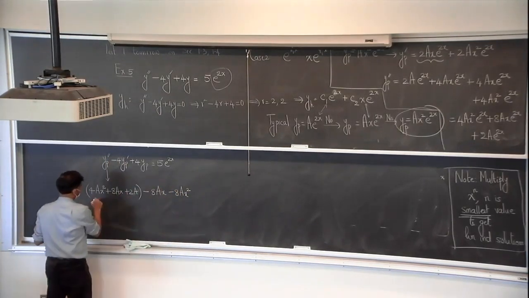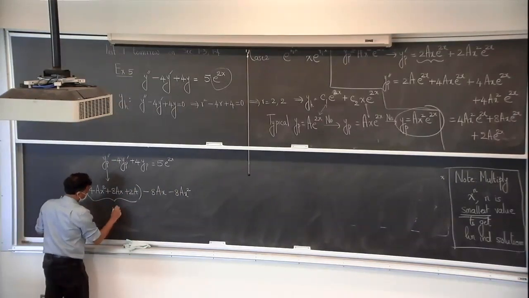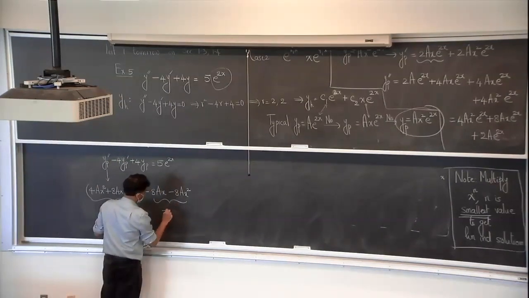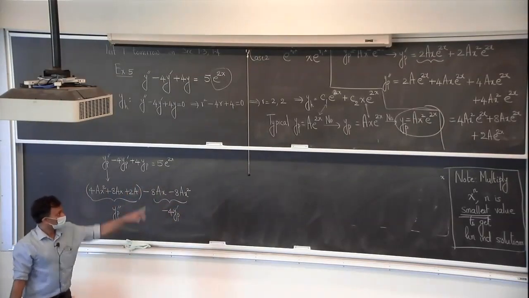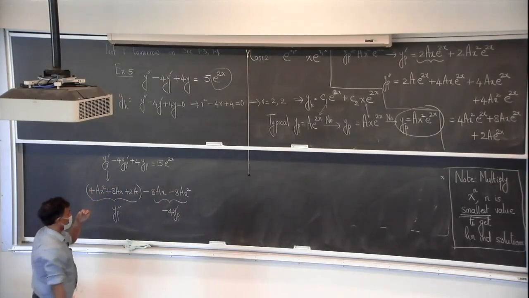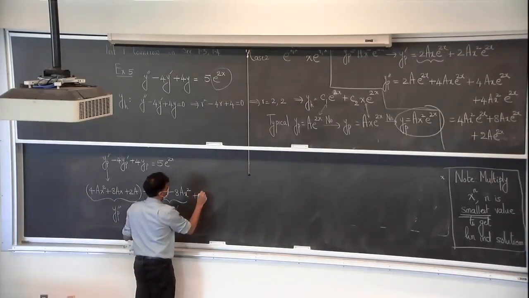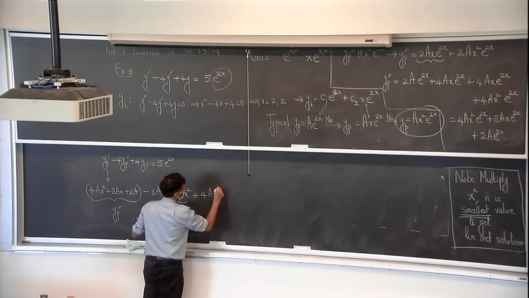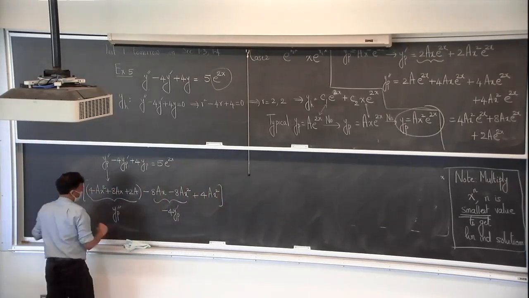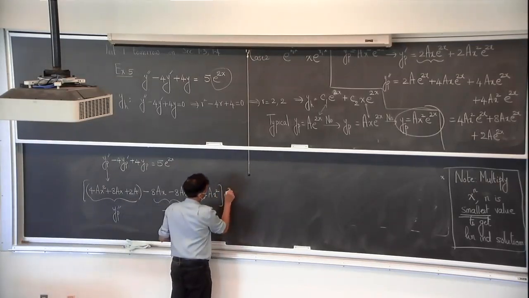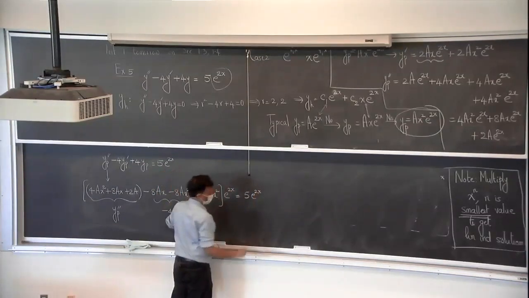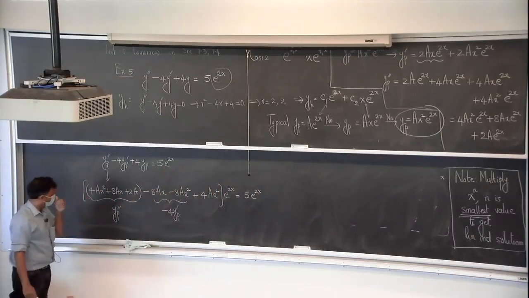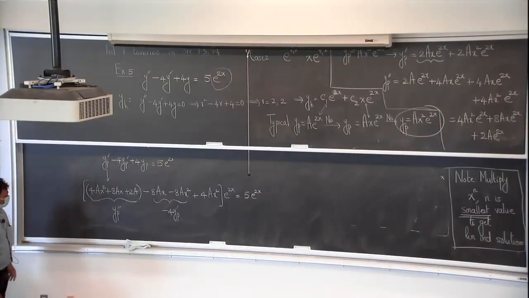So this part is your yp double prime. This is minus 4 yp prime plus 4 yp, that is our original guess. That's going to be plus 4ax square, the whole thing times e to the power of 2x equal to 5 e to the 2x.